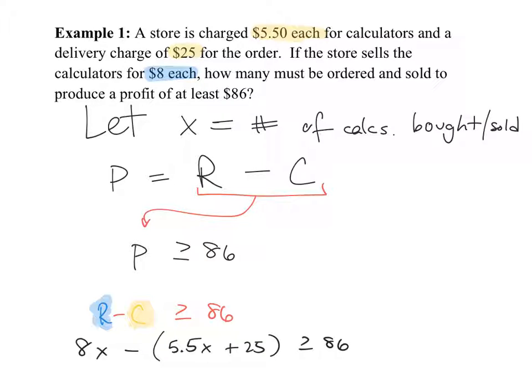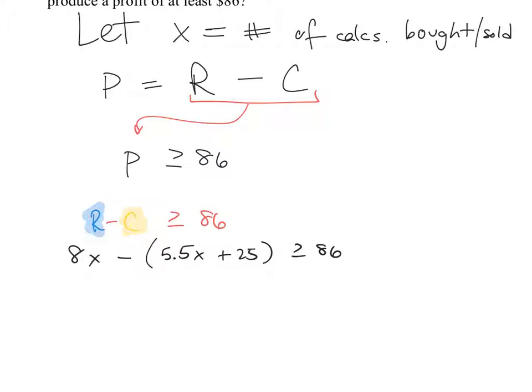And now go ahead and solve this. How many calculators must be ordered and sold to produce this profit of at least $86? I'll catch up to you. First step is the most important.